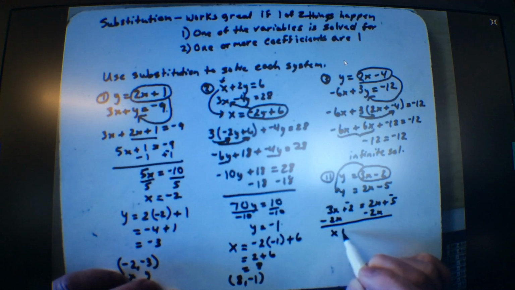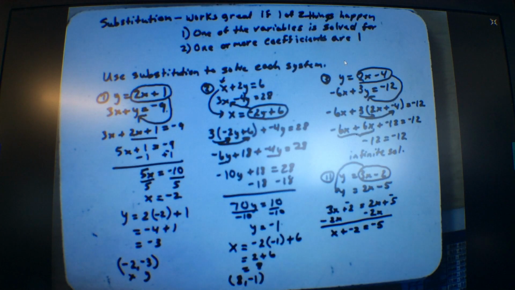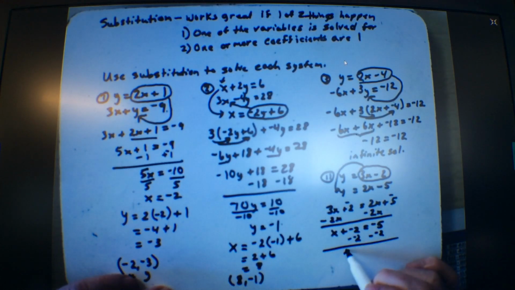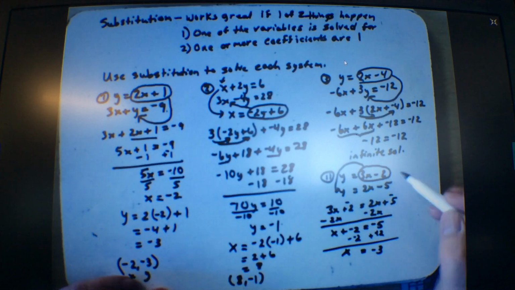So I have x plus a negative 2 equals a negative 5. Does that make sense, Tyra? Now I still only have one variable, right? So I'm just going to subtract a negative 2 from both sides, and I get x equals negative 3. Now remember, I have to put it back up here.